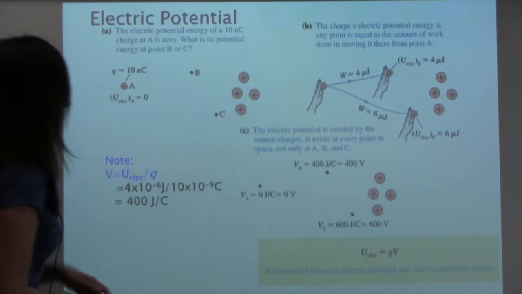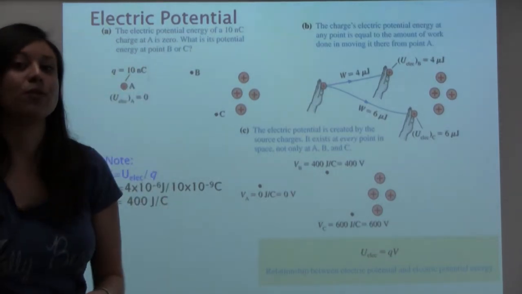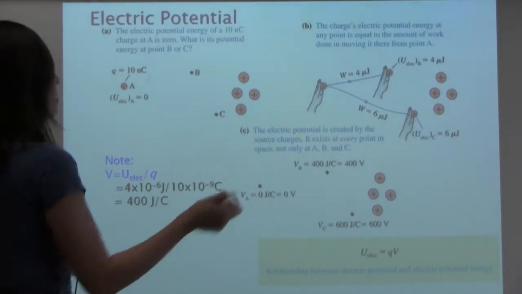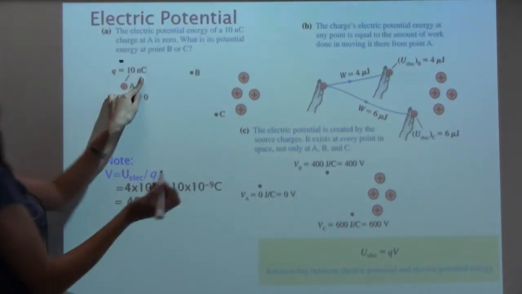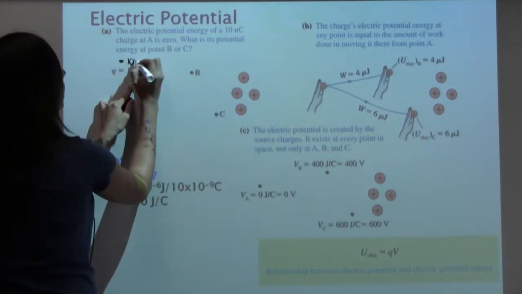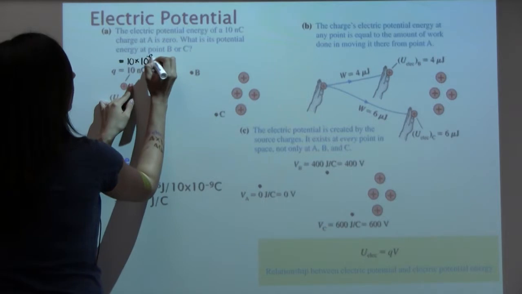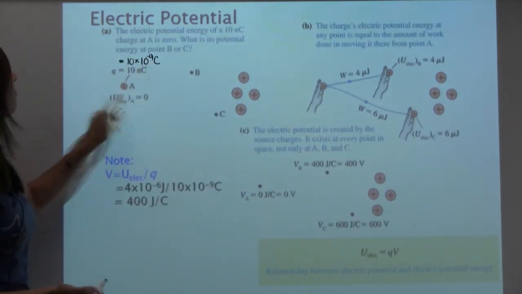From the first step, I automatically start converting my nanocoulombs to coulombs, and I did this a lot in my Mastering Physics. So my charge is 10 times 10 to the negative 9th coulombs. That's my charge for A.